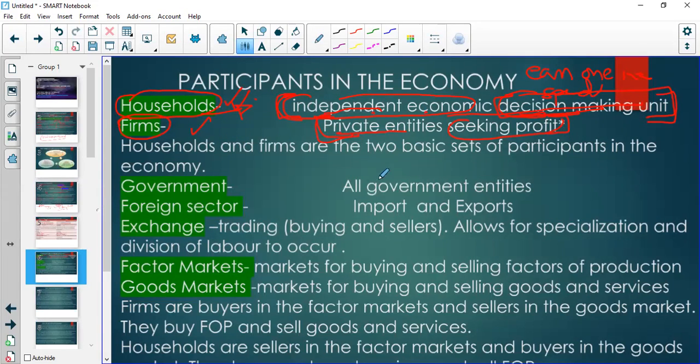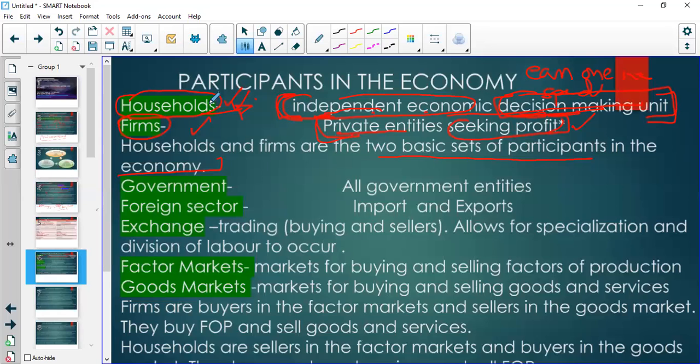Now, in an economy, you generally have people who produce for profit and those who consume. So basically, these are the two basic sets of participants in the economy. They are very basic. They are the backbone of the economy, and they are also the original players in the economy. Before government was established, before international trade was established, it was just people staying together in a community.